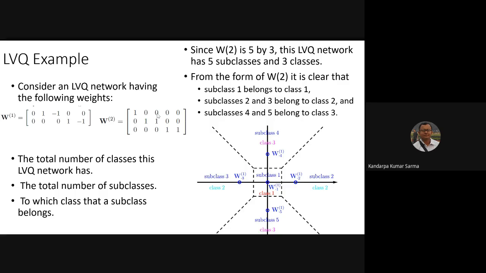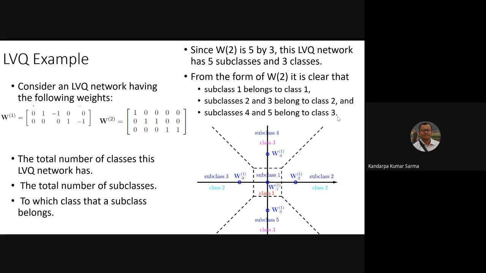Take the norm, and that shall also generate a value, but hence both subclass 2 and 3 will belong to class 2. When we take the value of 0 and 0, that is subclass 4 and 5, we generate values of 0. So hence subclass 4 and 5 will belong to class 3.